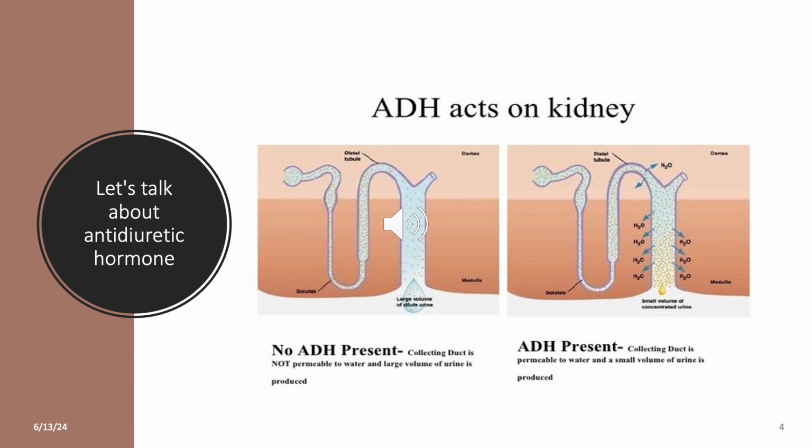When there's too much ADH, the collecting ducts of the kidneys are more permeable, causing the kidneys to reabsorb water. So rather than urinating the fluid out, fluid volume is retained, causing a fluid overload.